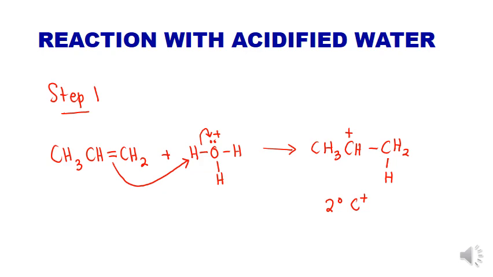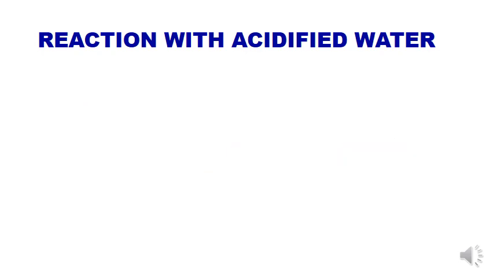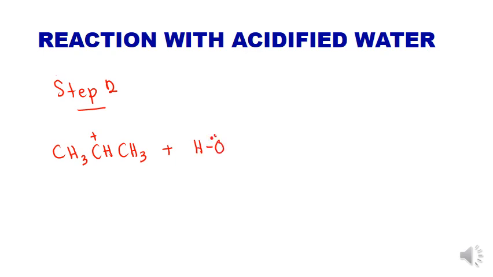Alright. Now, for the next step, since we have produced the carbocation, the carbocation is easily attacked by the nucleophile. So the only nucleophile that we have in this reaction is the water itself, which contains lone pairs.